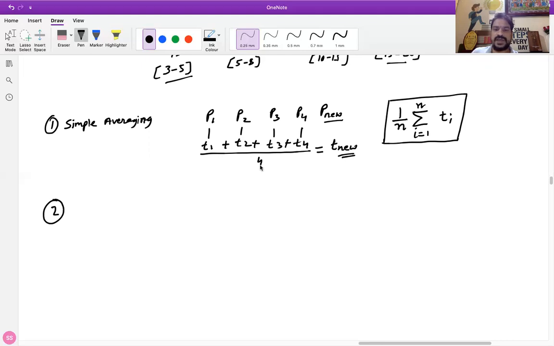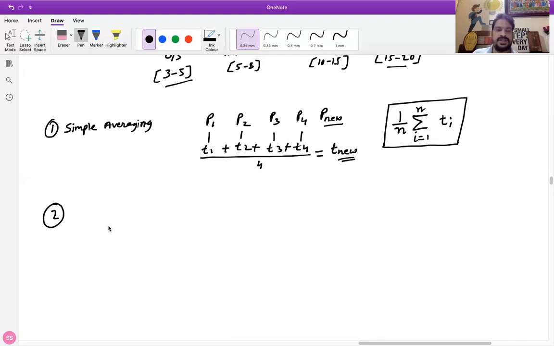So that's why it comes into the category of dynamic model for predicting the burst time. Next, let's talk about the next burst time prediction model in the dynamic category, which is called exponential averaging.